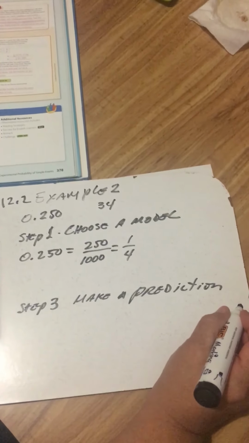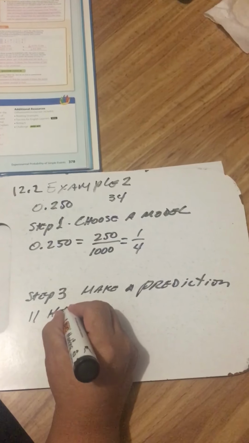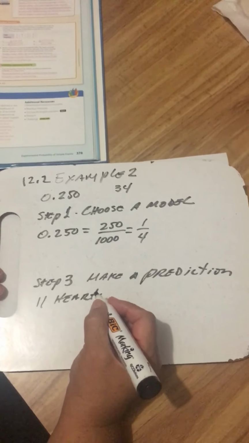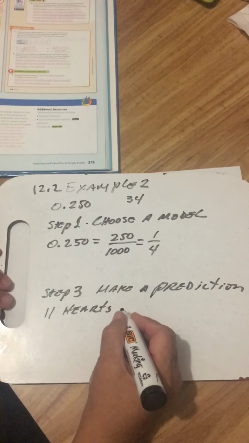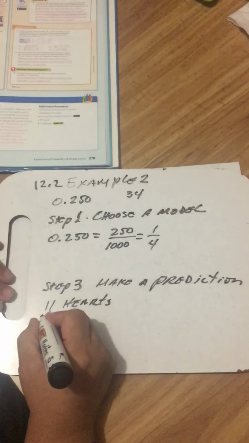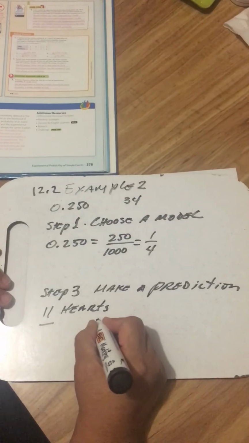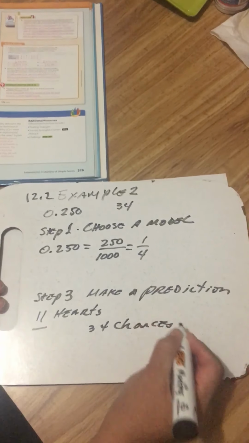We count the number of hearts in the simulation. Since there are 11 hearts, we can predict there are going to be 11 hits in 34 chances at bat.